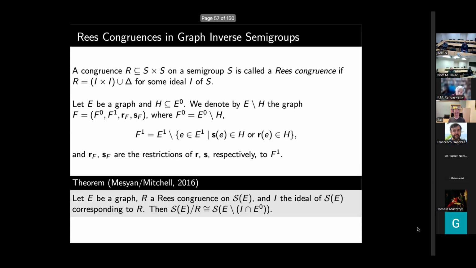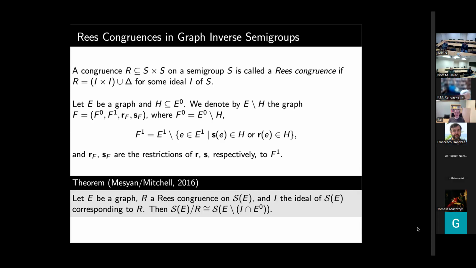In that same paper with James Mitchell, we described the quotient of a graph inverse semigroup by a Rees congruence, and this structurally looks very much the same. You take the Rees congruence, which corresponds to an ideal. You look at all the vertices in that ideal, and then you remove them from the graph. Now what you build is an honest subgraph, rather than one of those weird things where you add and compensate for breaking vertices.